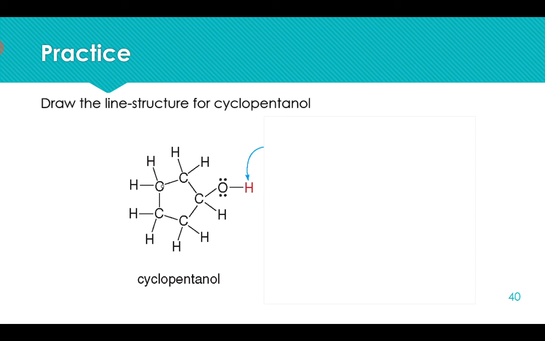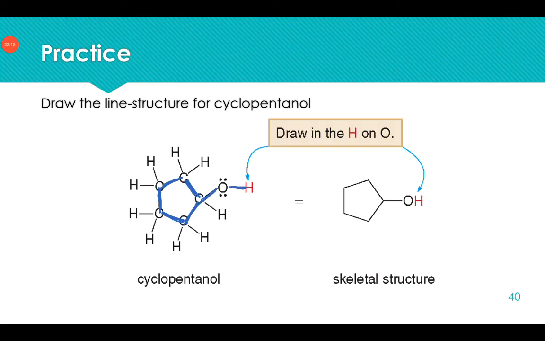Okay, so for line angle structures, we're only going to draw the bonds between the carbons, that and that. So our line structure should look like a pentagon with an OH. And here it is.